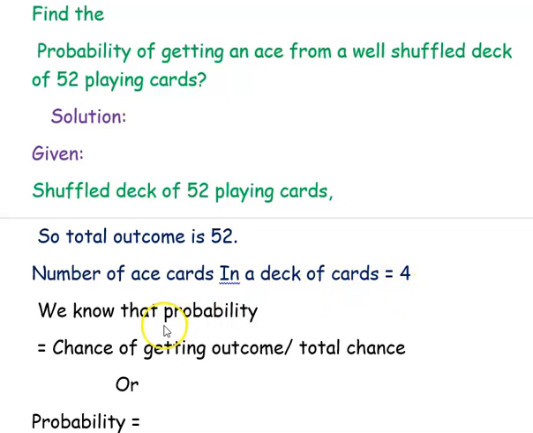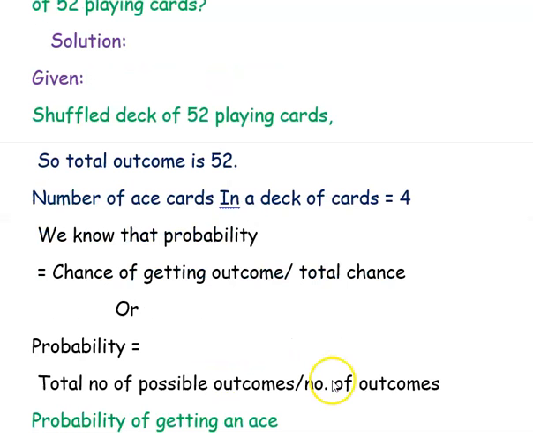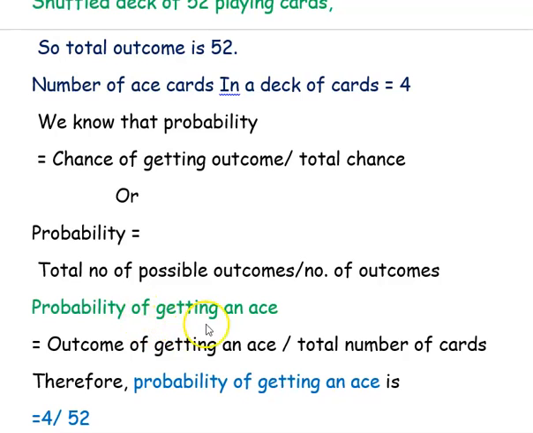We know that the formula for probability is the number of chances of getting the outcome divided by the total number of possible outcomes. So the probability of getting an ace card is the number of ace cards divided by the total number of cards.